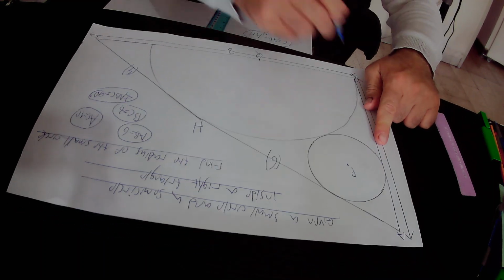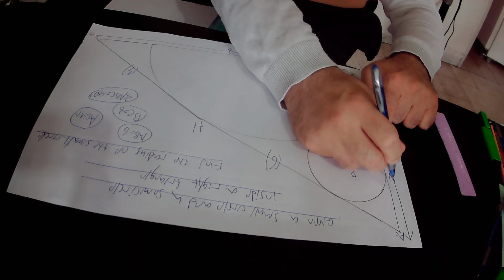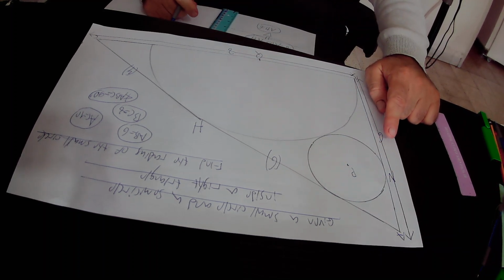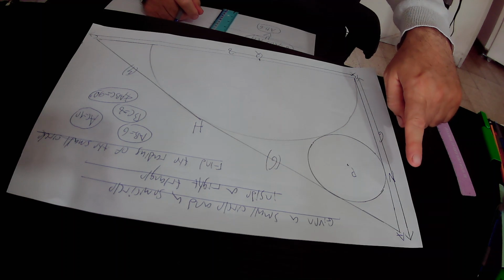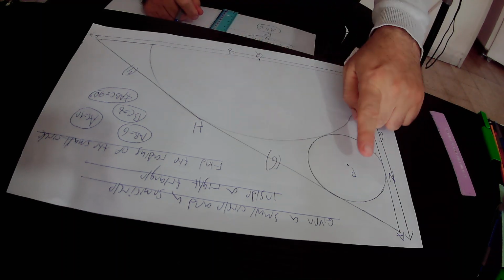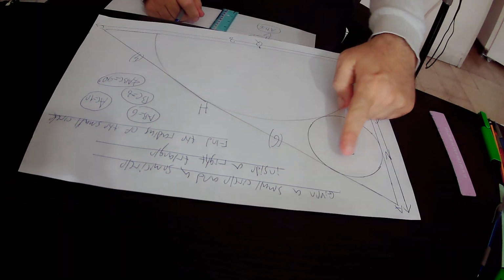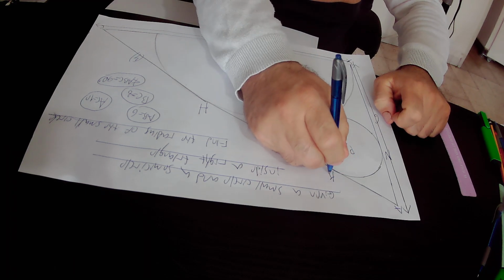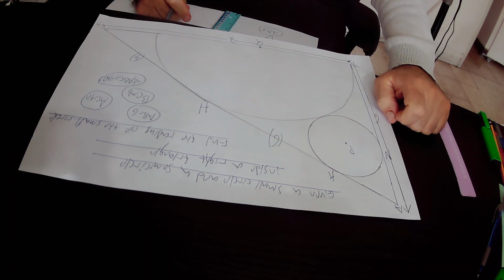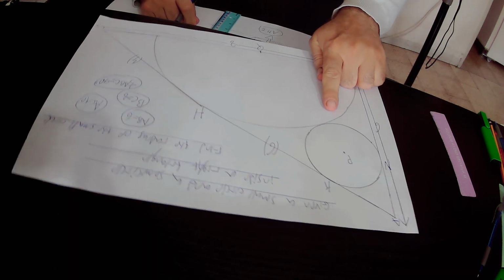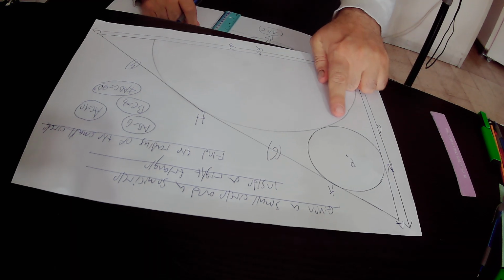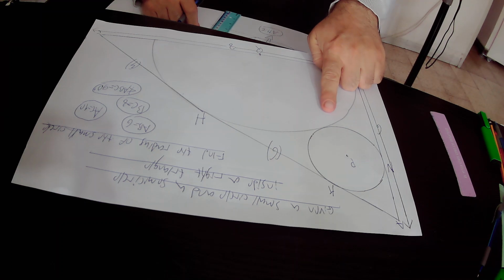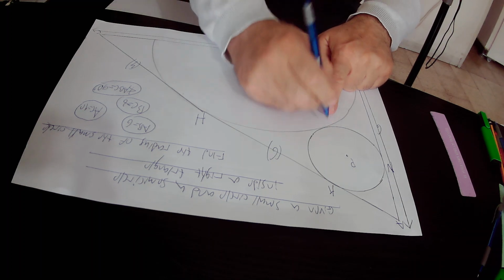This point is point N. We define the point of tangency of tangent AC with this small circle. This point is point K. And we define the touching point between this small circle and this big semicircle. This point is point L.